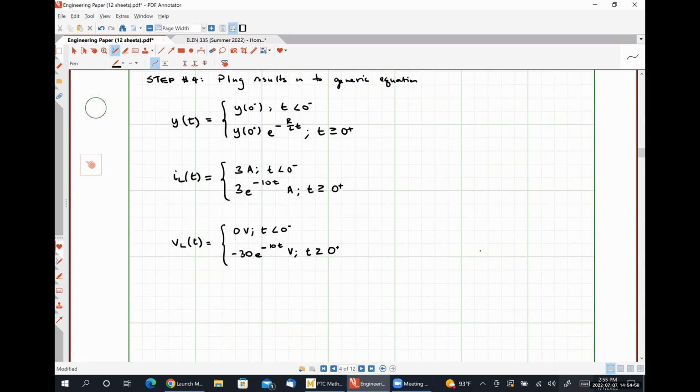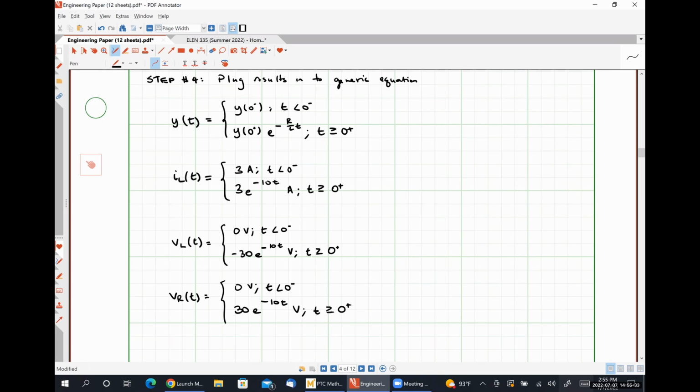And lastly, we're going to have the resistor voltage, which was 0 volts for t less than 0, positive 30 volts at t equal to 0 plus, and then e to the negative R over L, which comes out to be 10t, volts for t greater than or equal to 0 plus.